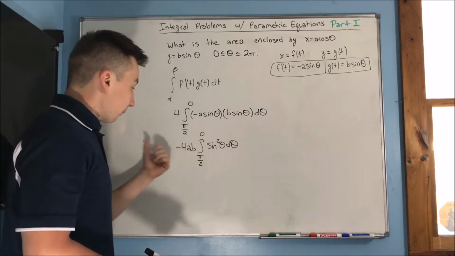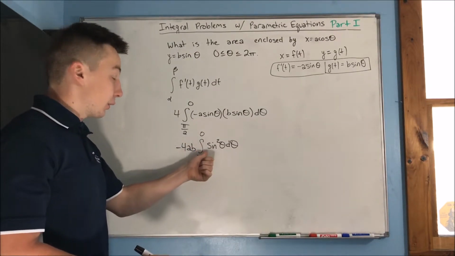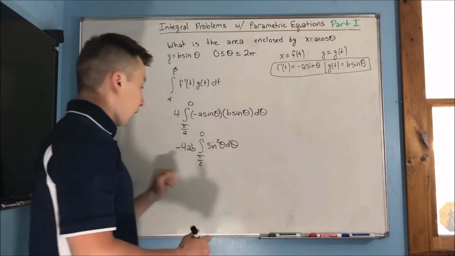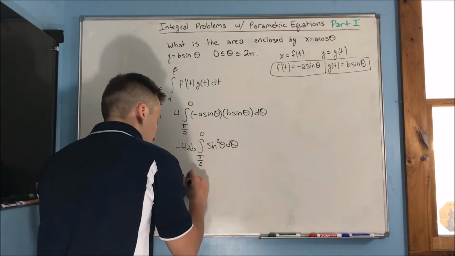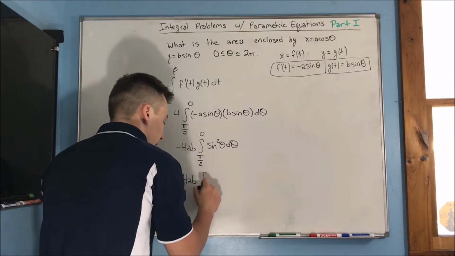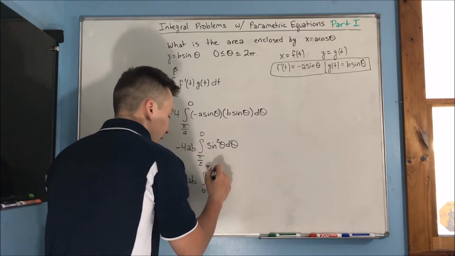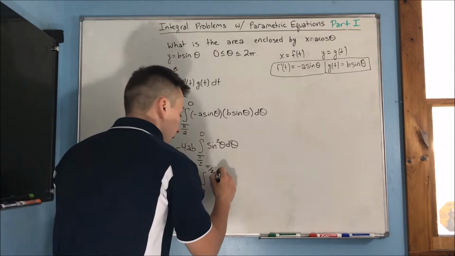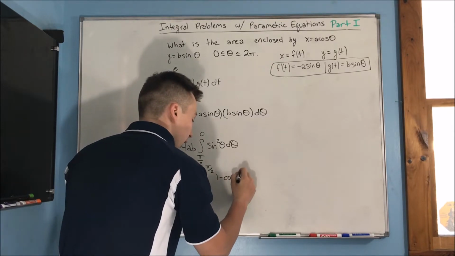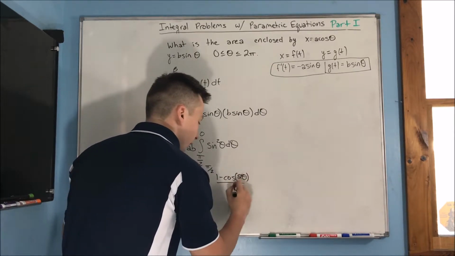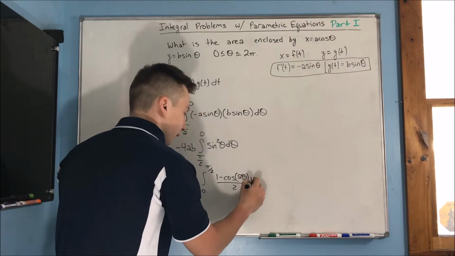Alright, this negative means we can just switch the bounds back on the integral here. So we'll end up with 4ab, the integral from 0 to pi over 2, of, we can use our half angle identity here, 1 minus cosine of 2 theta all over 2 d theta.